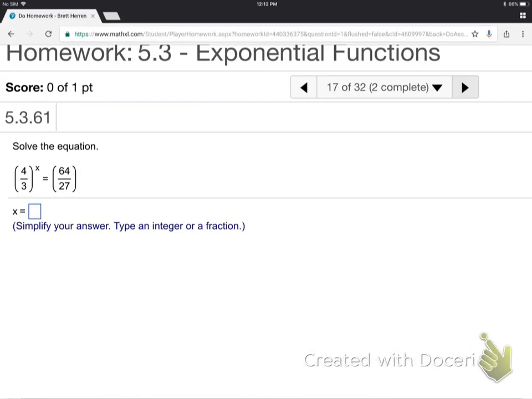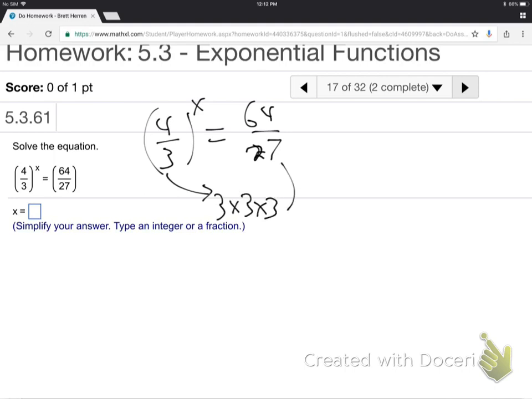Okay. What I would do, this is a kind of tricky one, a little bit. As I'm looking at this, I would take my calculator and go 3 times 3 times 3, that's 27. And 4 times 4 times 4, that's 64.